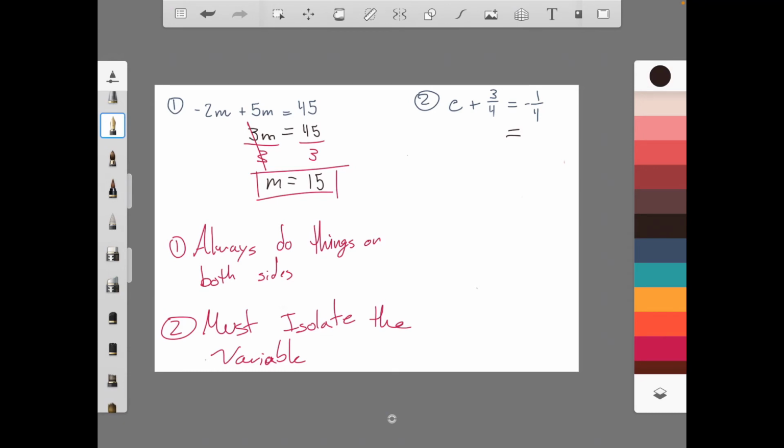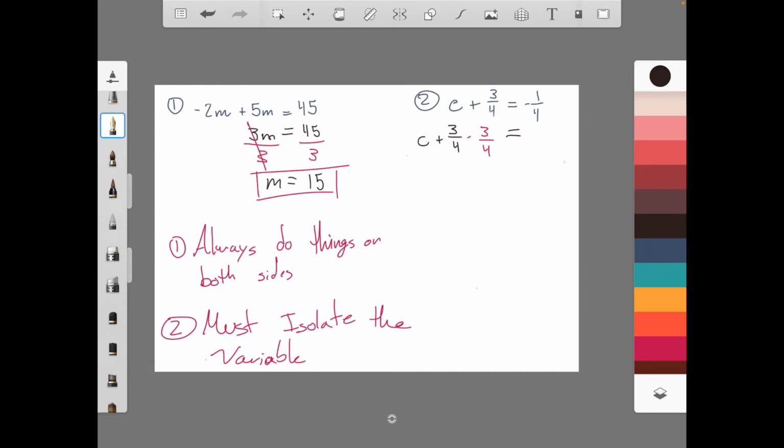Okay, so now since we want to isolate c, we say that c plus 3/4 minus 3/4, because remember, in order to isolate c we must remove this 3/4.